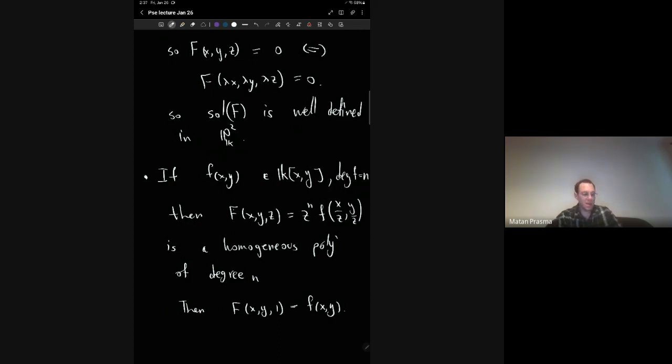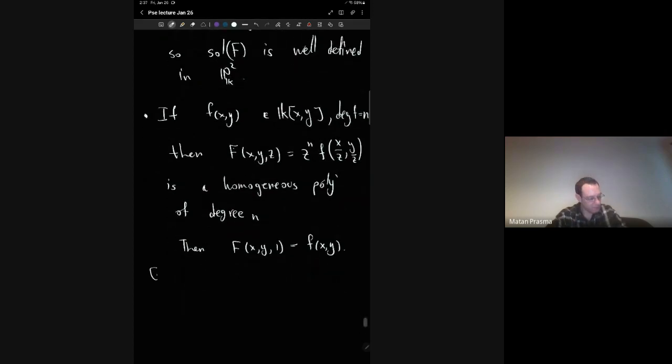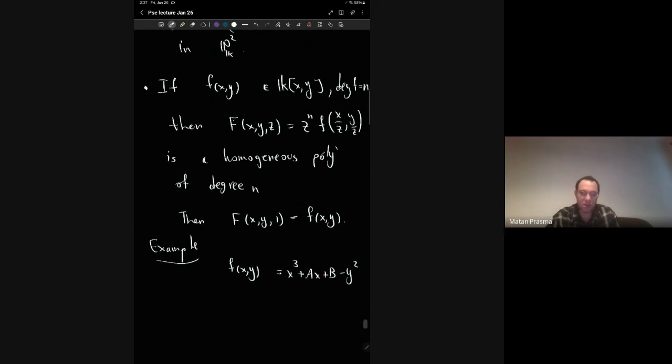So, for example, I take this polynomial that we care a lot about, x cubed plus ax plus b minus y squared. I want to make the homogenization of this polynomial.